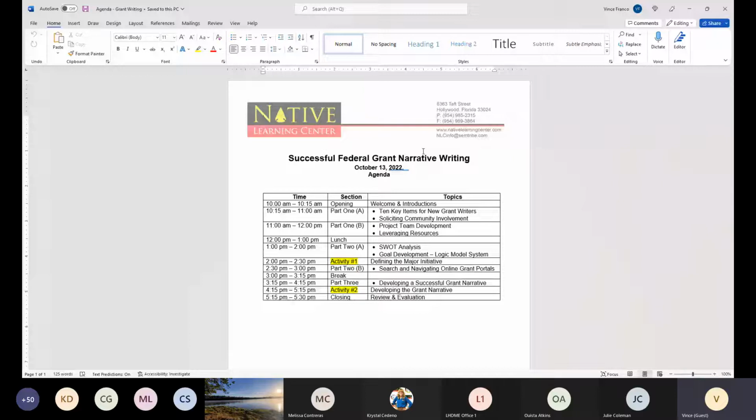I will describe to you how to navigate, if you don't already know, some of the online portals that are out there to search for grant opportunities. For federal grant opportunities, we'll look at grants.gov. That is one of the largest online grant search mechanisms out there.